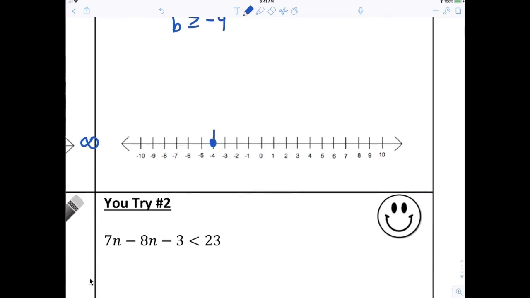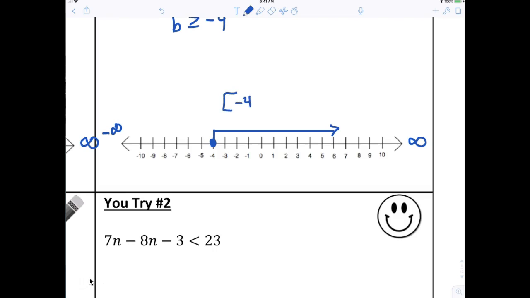Greater than would be in which direction? To the right. Don't forget infinity is over here, negative infinity is over here. So if I had to write it in interval notation, I would say infinity to -4. Remember, you always read from left to right. So -4 to infinity. That is correct.